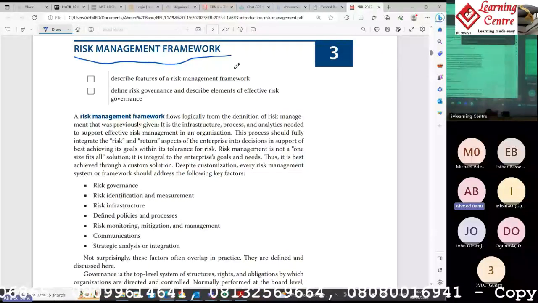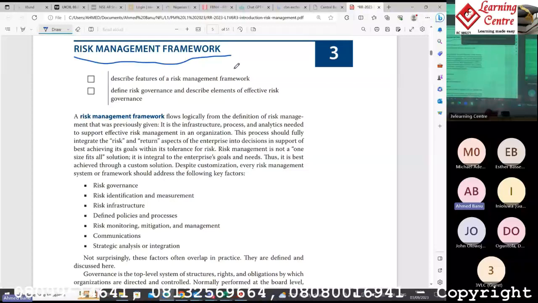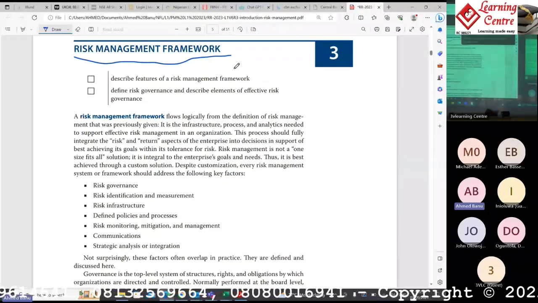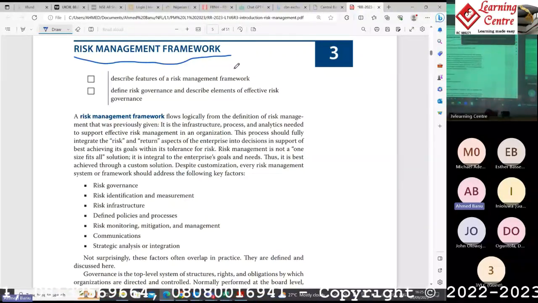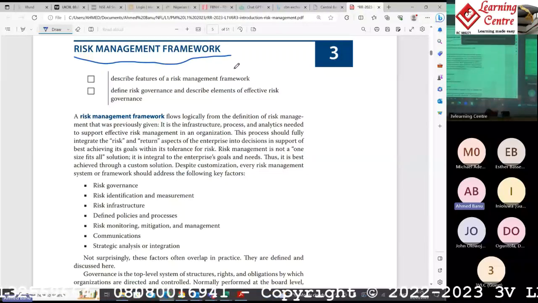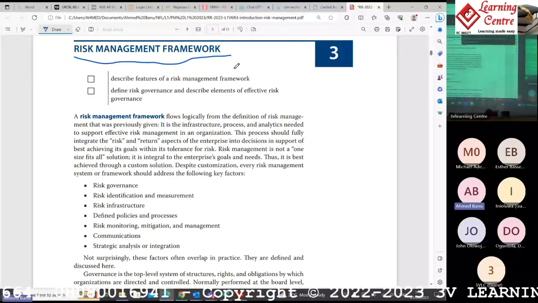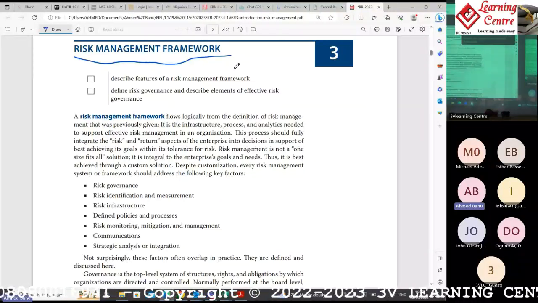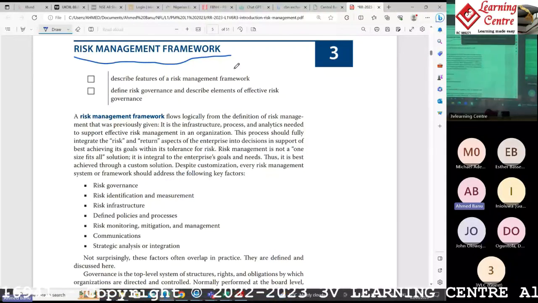So they define how the risk management of that organization should be. They define, remember what we said in that definition, the level of risk the organization should take. Everything that has to do with risk management flows from that body.